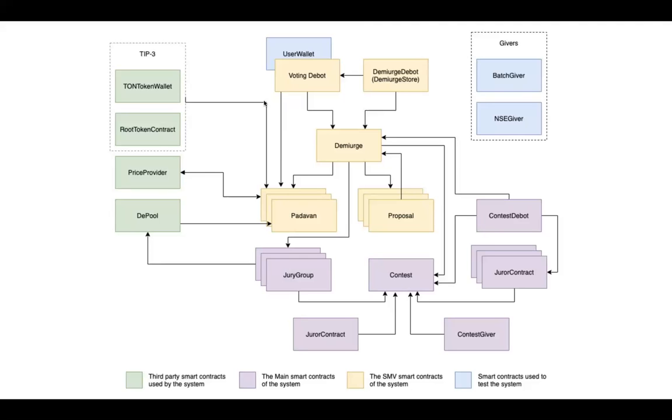So we have a simple algorithm which calculates the voting time, but the main idea is that there should be a formula which depends on the submissions count. I don't know how to say it. So the more submissions we have, the more time we have. Yes, Mitya, or not?